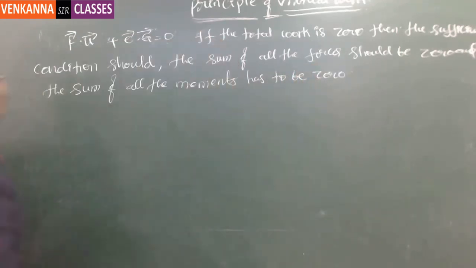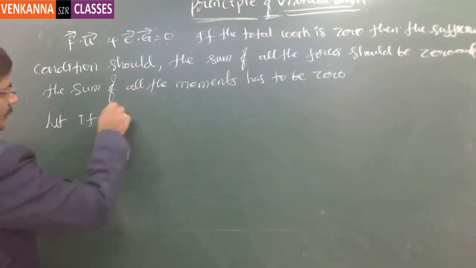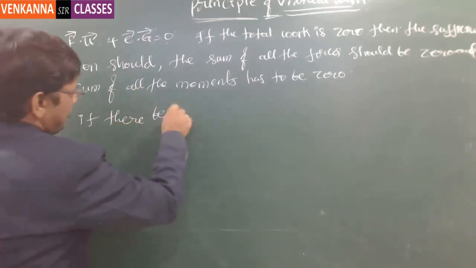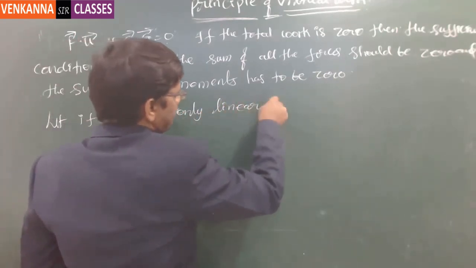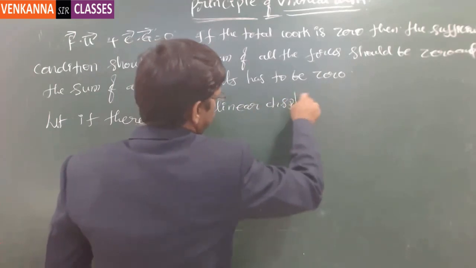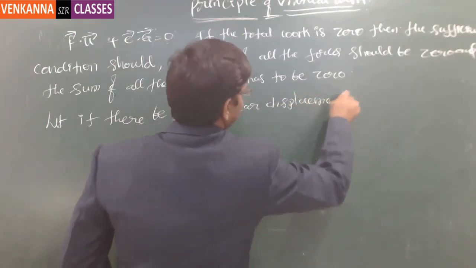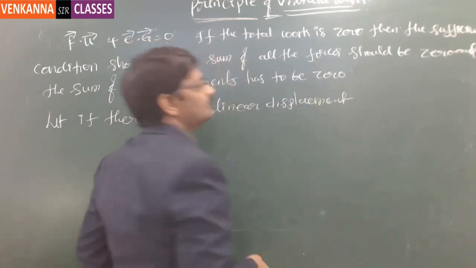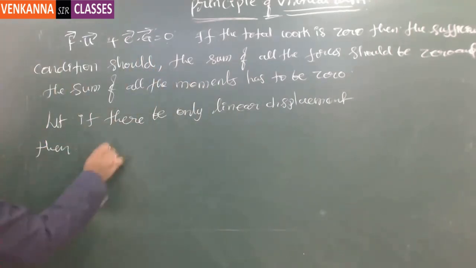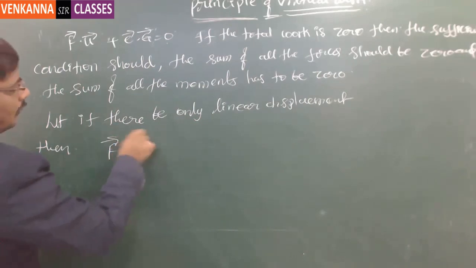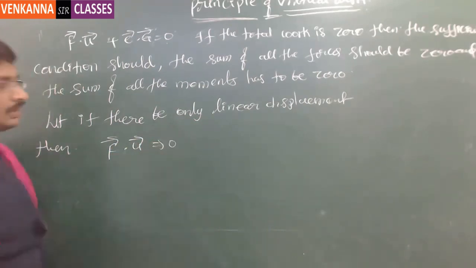Now if there is only linear displacement, then obviously F dot U has to be equal to 0.